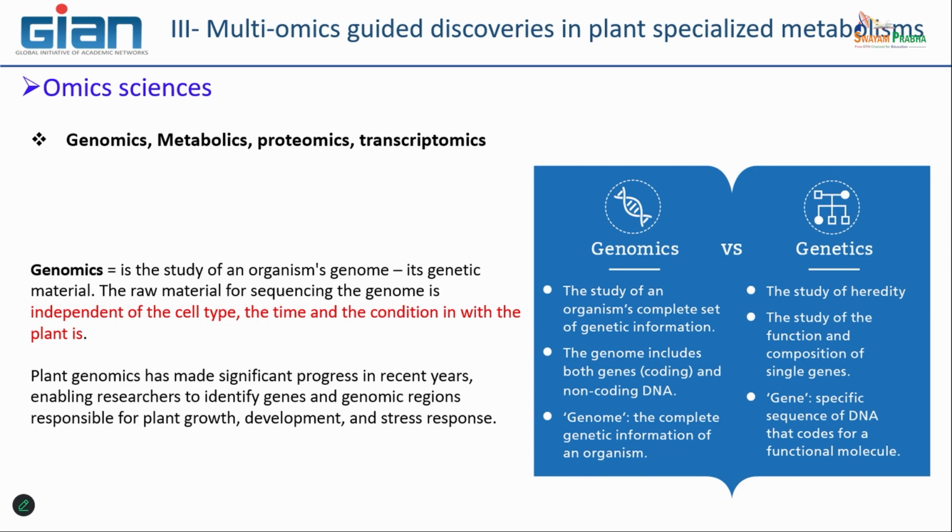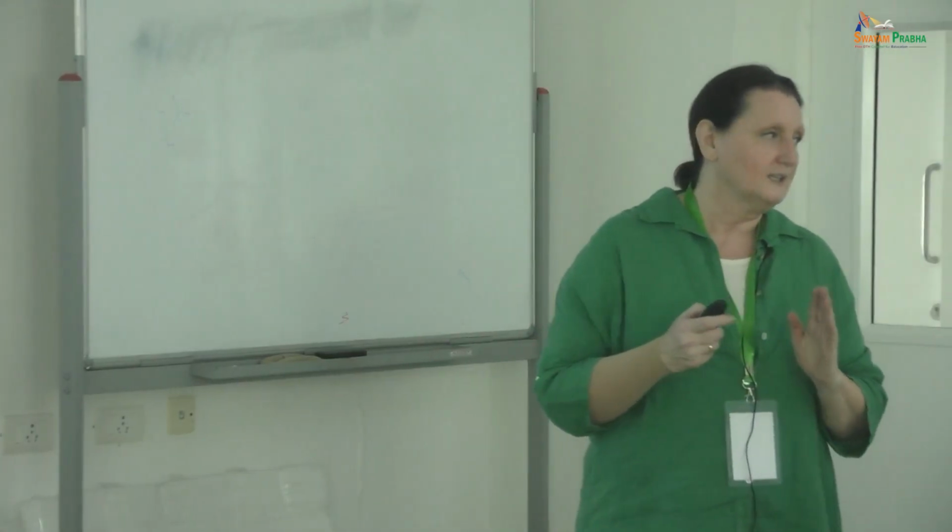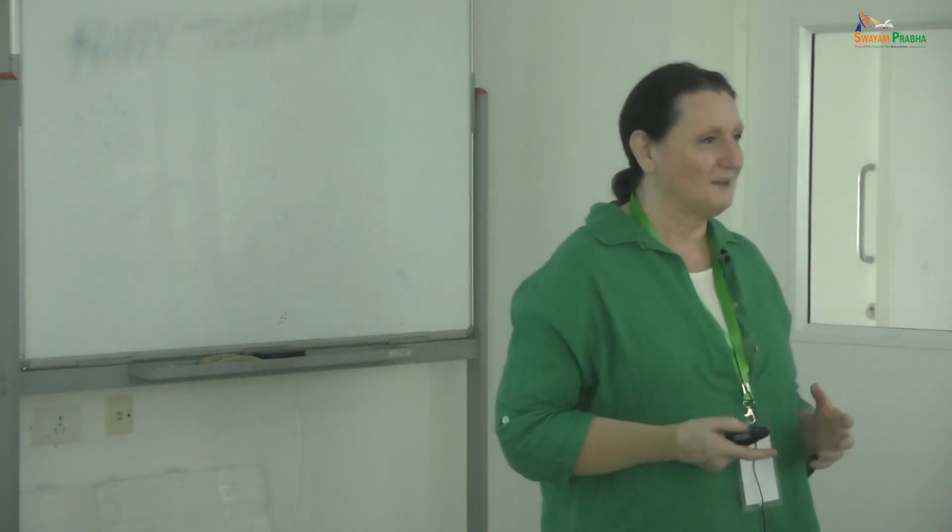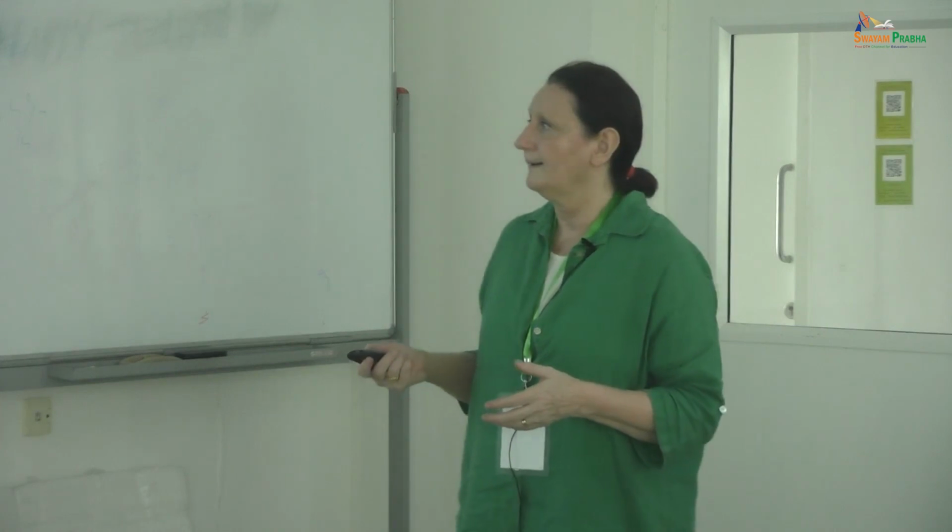Here, just a precision: genomics and genetics are not exactly the same. I saw that my own students sometimes have confusion on this, so this is why I have put this information. Genomics is the study of an organism's complete set of genetic information, while genetics is more dedicated to the study of heredity.